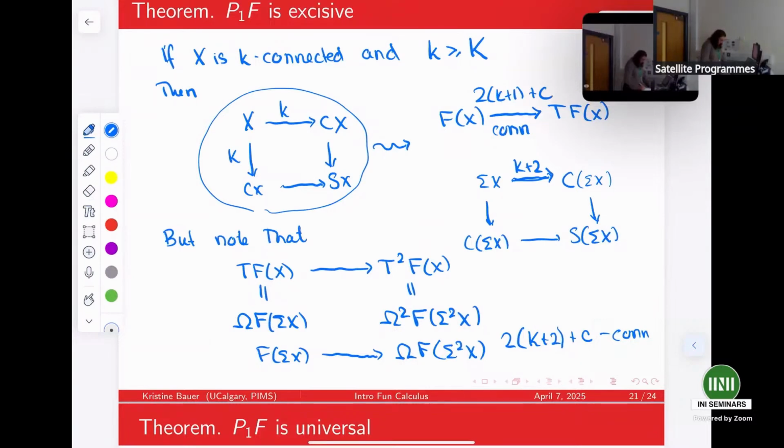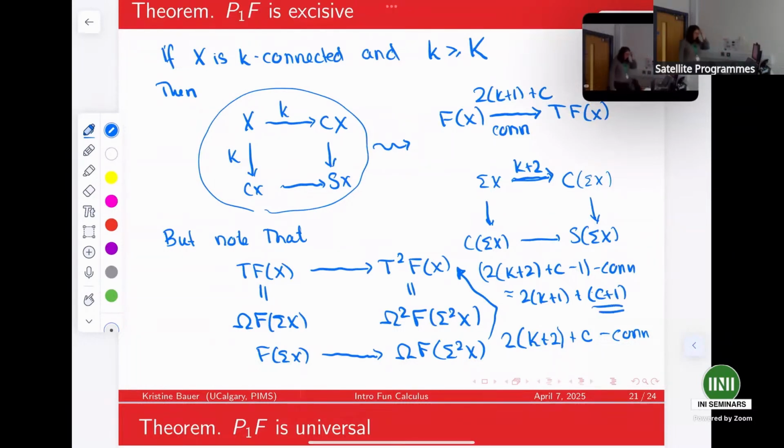And the point is that when I now look at what happens when I loop that map, this one is supposed to be 2 k plus 2 plus c minus 1 connected, which is equal to 2 k plus 1 plus c plus 1. So the connectivity has increased by 1.